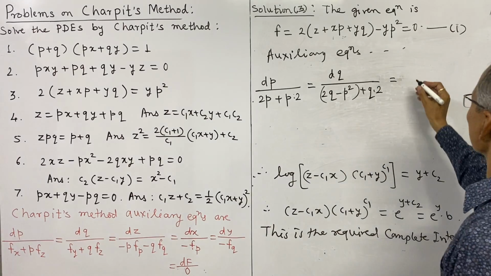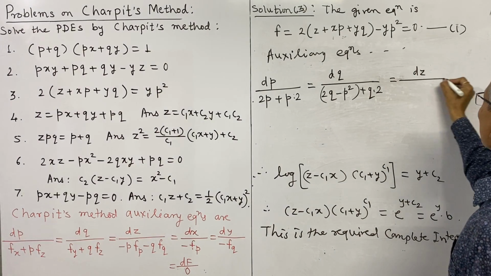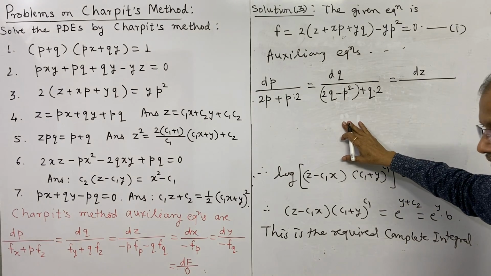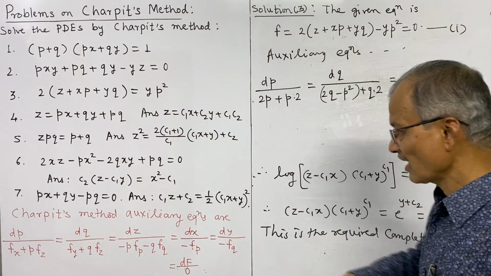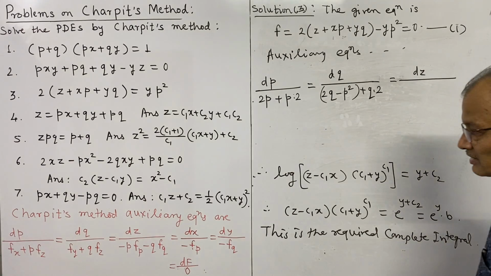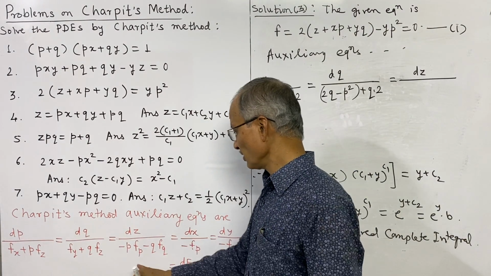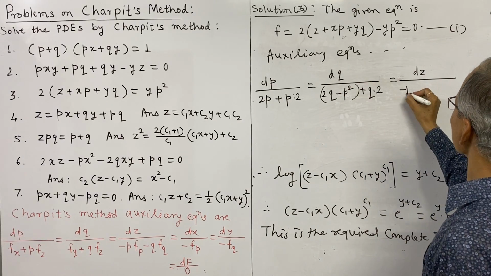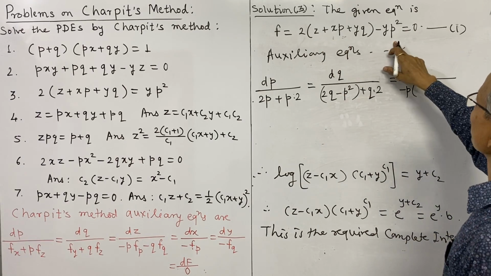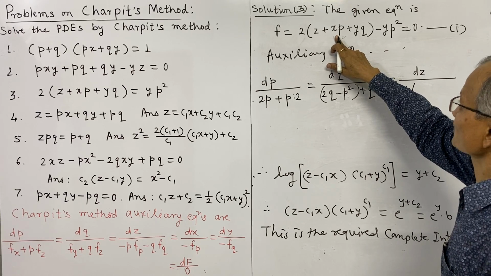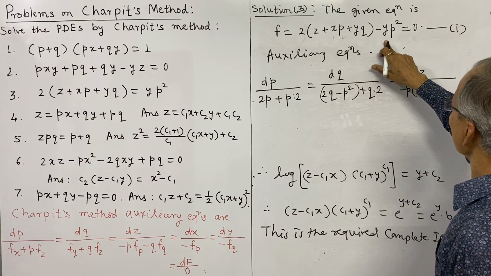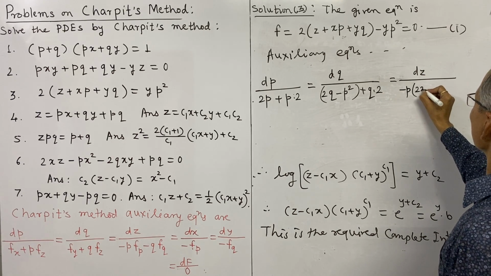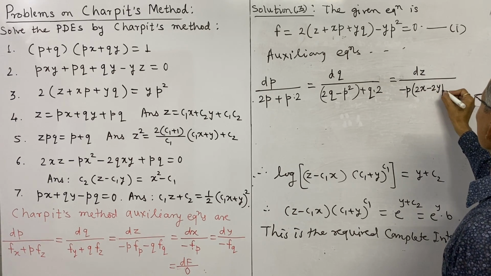So here we have to go further. Dz divided by, because it will not be useful result for only these two fractions, these two ratios. So we have to write all these for this problem. So dz divided by negative p into partial derivative of f with respect to p. So minus p, what is partial derivative of f with respect to p? Here it is, see 2x and minus 2yp. 2x minus 2yp.